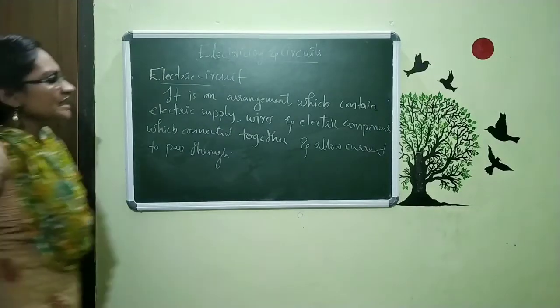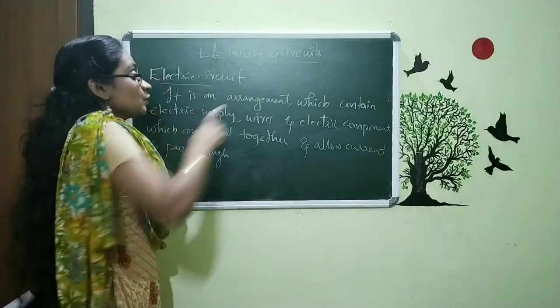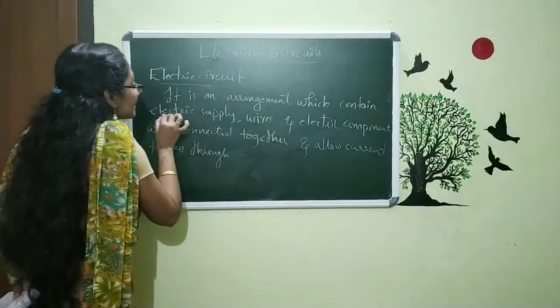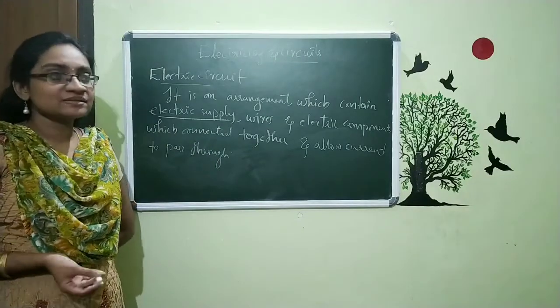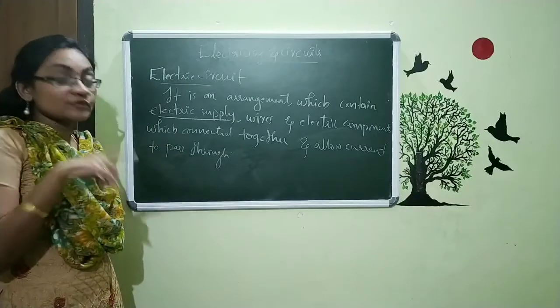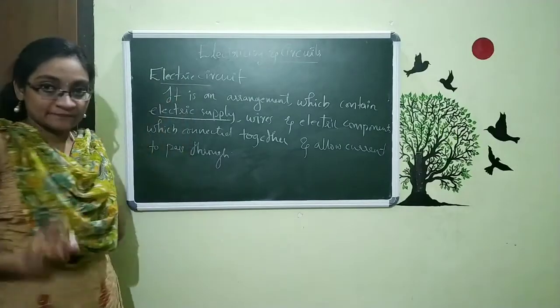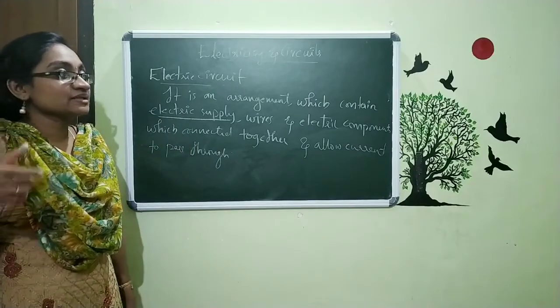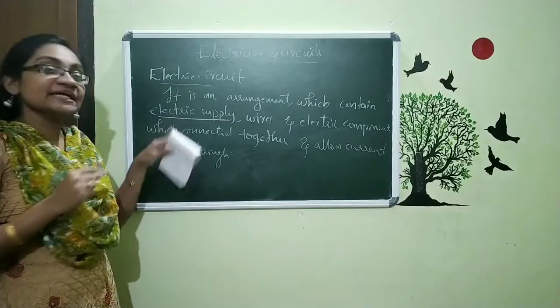It is very simple. It is an arrangement. What arrangement? Which contains electric supply. What is this electric supply? Electric supply means source of electricity. Here within our circuit we use an electric cell. That electric cell is one electric supply. When I am taking the electricity from my main switch, that is also an electric supply.